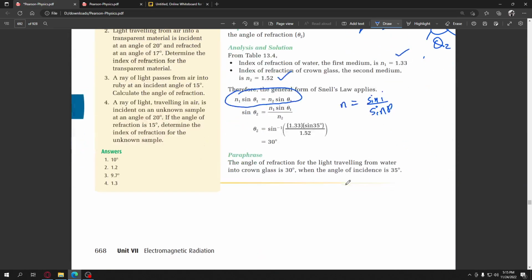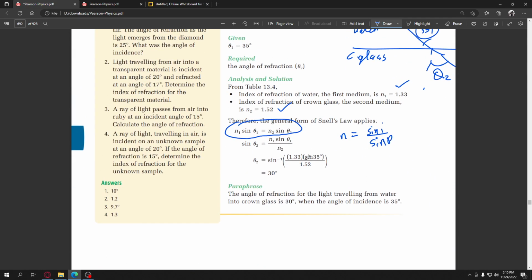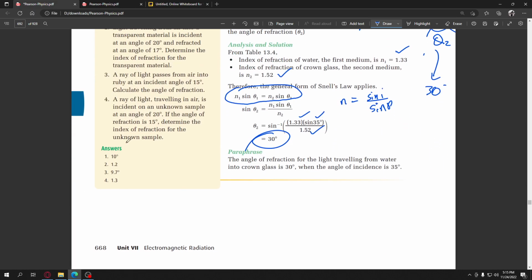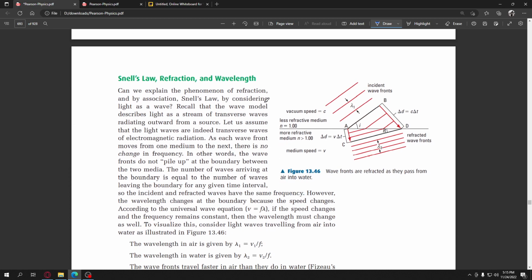So they're using this formula where n is the refractive index. You'll see n1 is for water, which is 1.33, times sin 35 because that was the angle of incidence, and 1.52 is the refractive index of glass, and you get 30 degrees. So if we were to draw it, we would draw it accurately at 30 degrees. You can use this example for prisms or other glass as well.